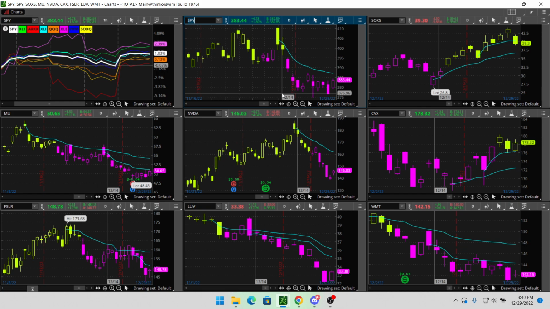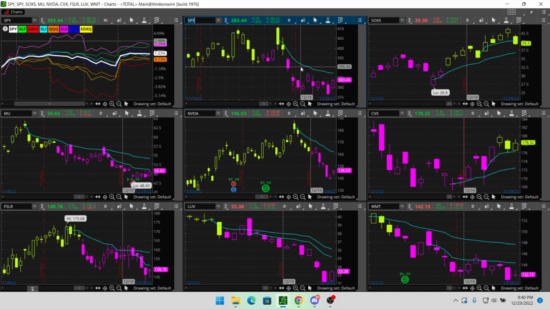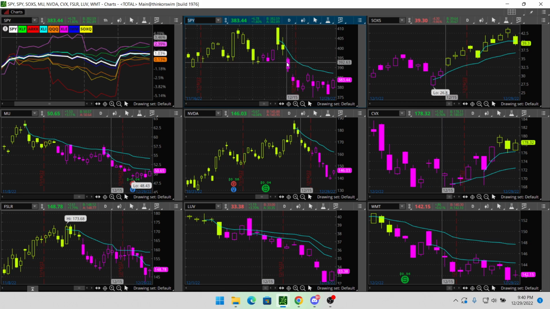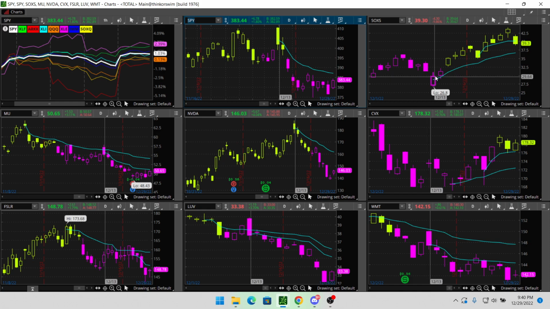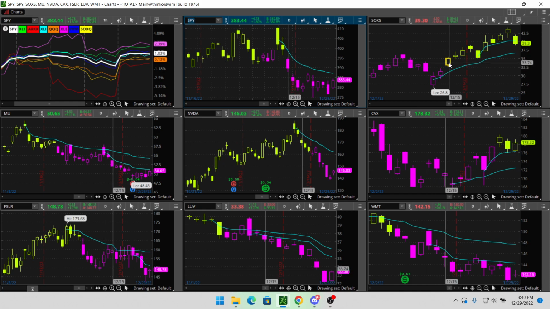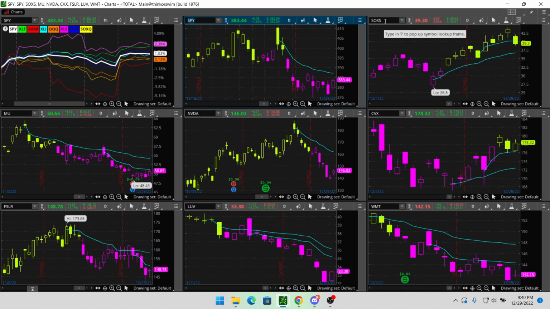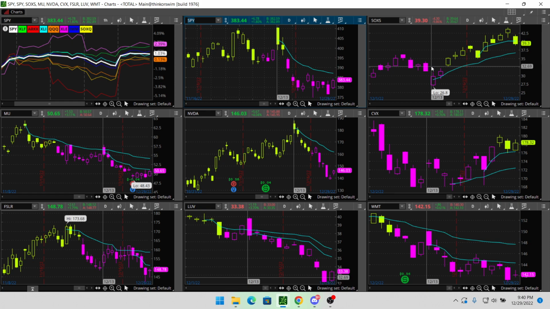And what I'm doing with this is drawing a dynamic support resistance line with these same candles. And what I'm going back to is the swing high or swing low before the last color change. So SOXS, which is a 3 times leveraged bear ETF on semiconductors, has been one of my main plays over the last week. This was a call out from Penny Gillette in the chat in our Discord.